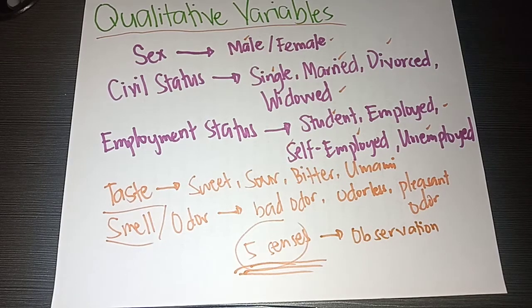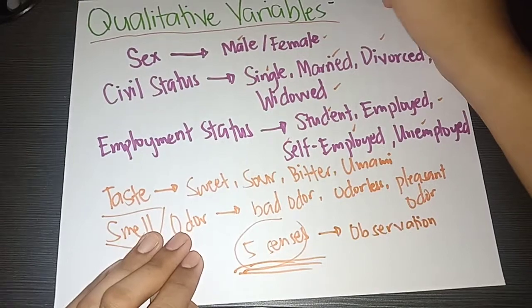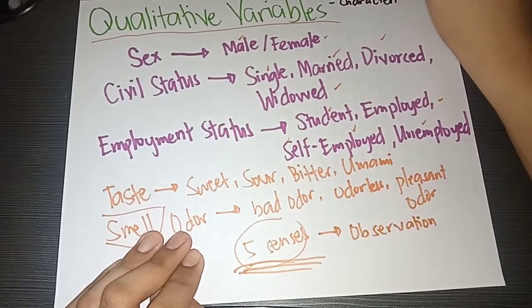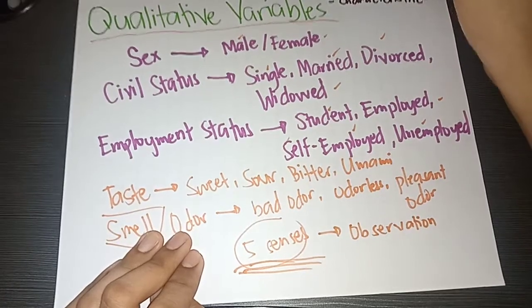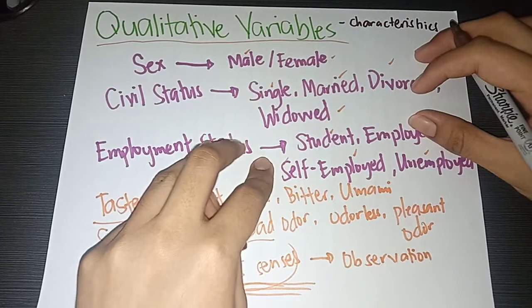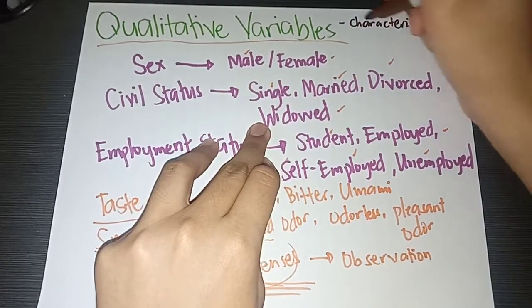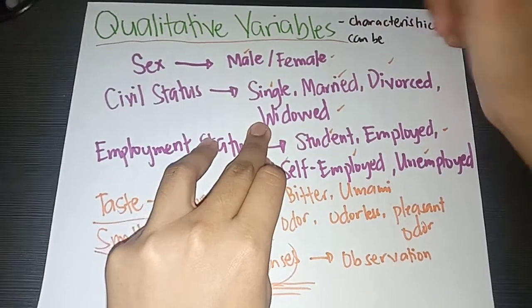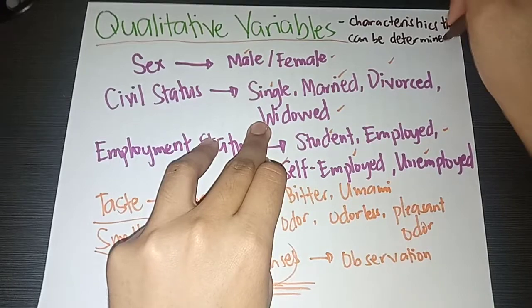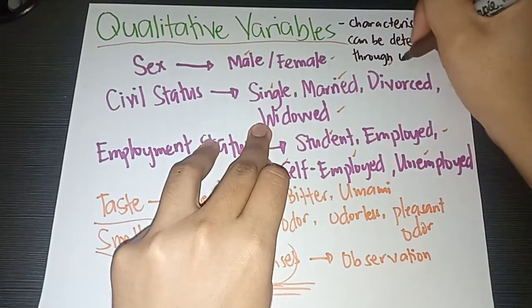So, how can we define qualitative variables? Qualitative variables are characteristics that can be determined through observations.